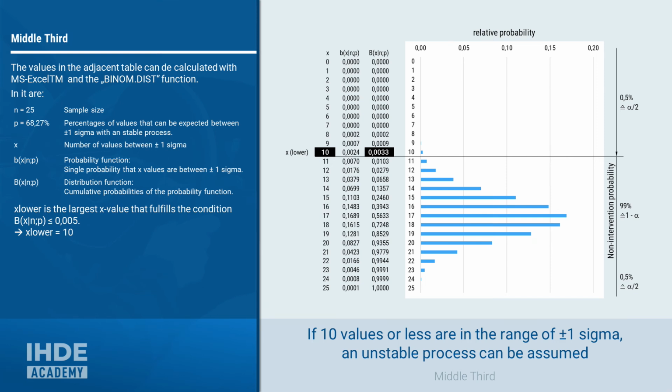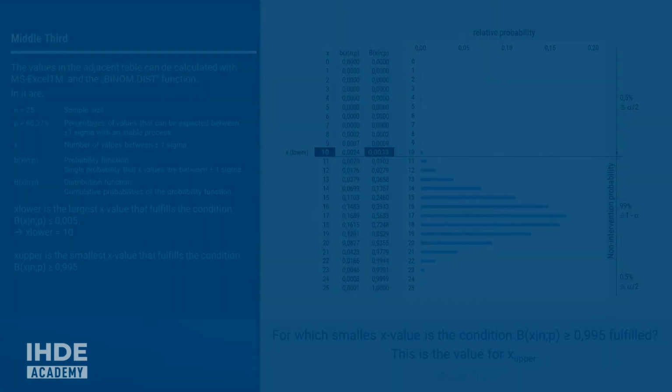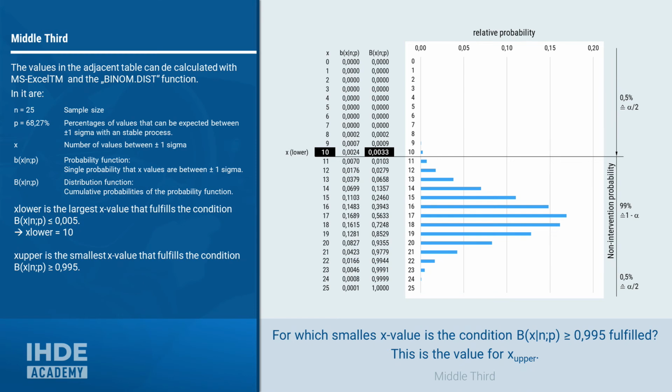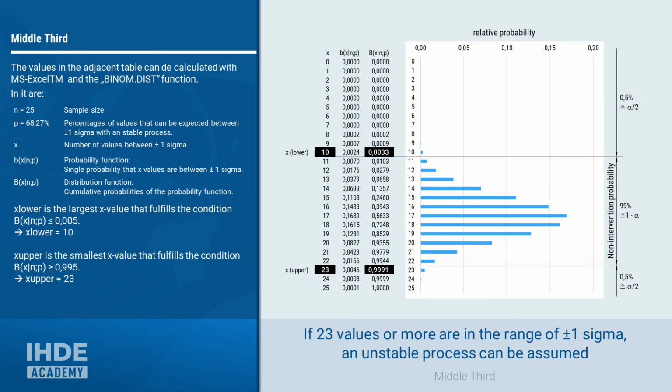Let's see where the upper limit is. The question for the upper limit is now, at which smallest number of values x the condition is met for the first time that the cumulative probability, large B, is greater than 0.995. As marked in the table, this is the case for a number of 23 values.